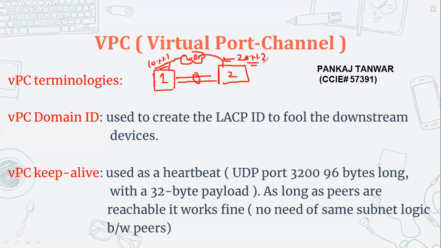There is no requirement that these two IPs must be in the same subnet. This is used as a heartbeat message, and it keeps checking whether our devices are alive or not. There are a lot of conditions, and we'll see great use of VPC keep alive when we do the failover scenarios, and how exactly this VPC keep alive link works. Okay.